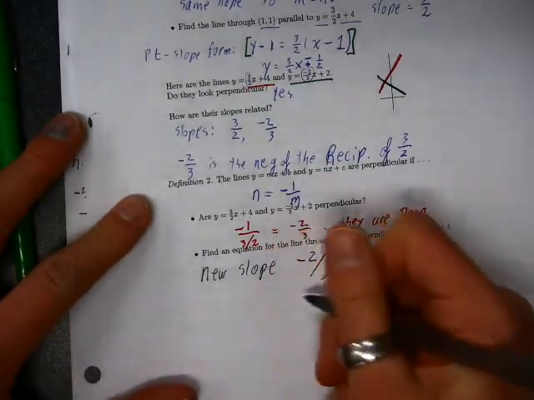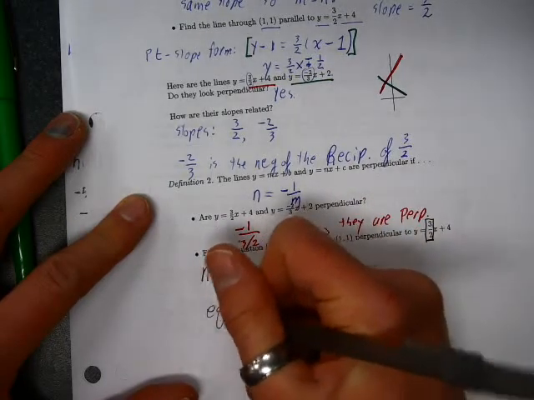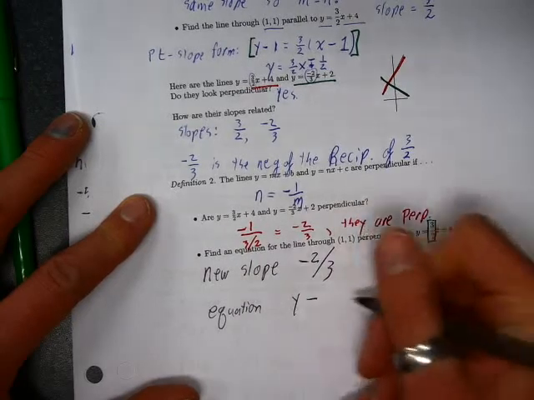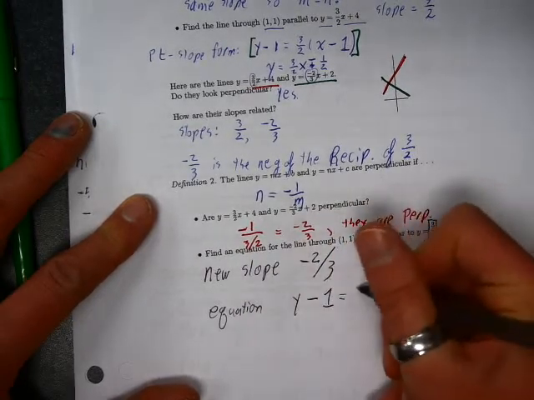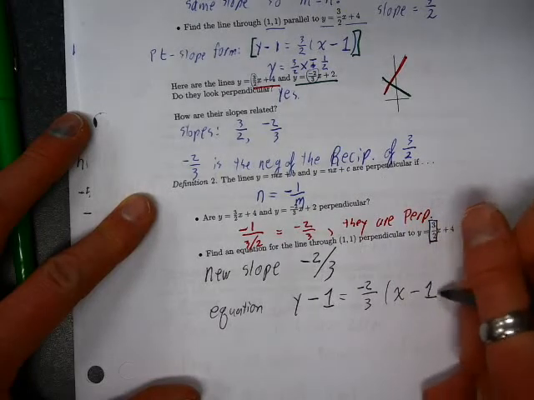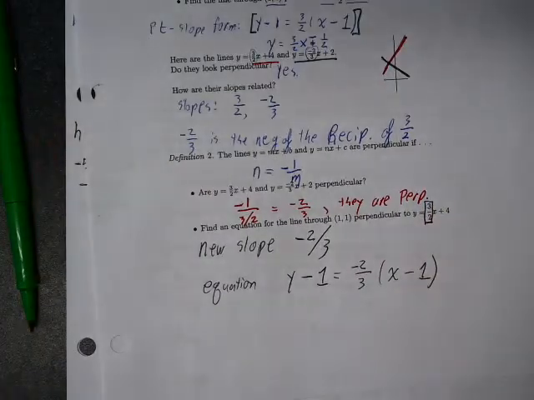So y minus y1 is equal to m times x minus x1. Gives an equation for the line. You feel okay about that? Any questions before I move on to something maybe just a little bit more sophisticated?